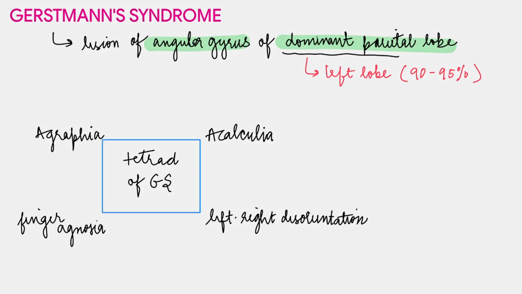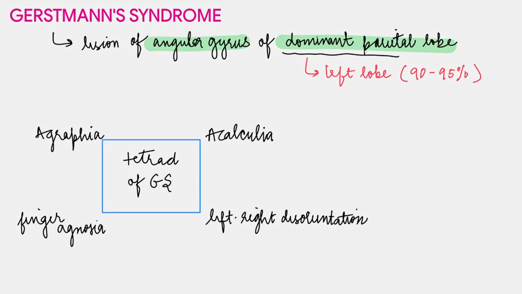In this, the patient won't be able to coordinate between the left and the right side. So if you ask the patient, take your right index finger and touch your left earlobe, the patient will just not be able to do it.